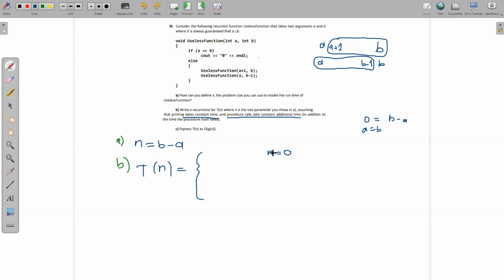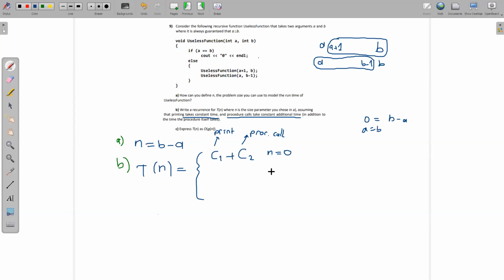Then I can say that when n is 0, it will print out, which is the printing operation, C1, and this procedure call is C2. These are two constants because it says that printing takes and procedure calls take constant additional time.